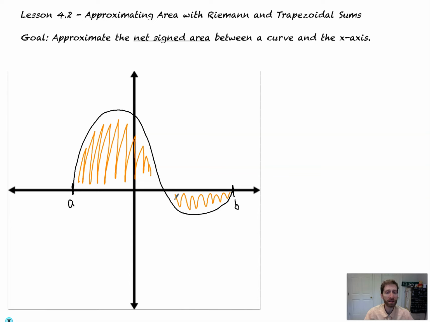The reason being is, if you think about this, let's say that this curve represents, I don't know, velocity. Well, if I find the area between the curve and the x-axis, we've seen this before way back when in chapter 1, that the area represents the position that has changed, or the change in position, otherwise known as a displacement.